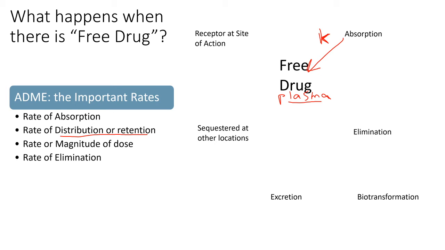Distribution is also affected by how long a drug can stay in the intended area. A lot of drugs don't have their site of action in the bloodstream, and they have to target tissue effects. So how can the drug stay in the tissue without leaving it? The free drug can activate the receptor at the site of action.